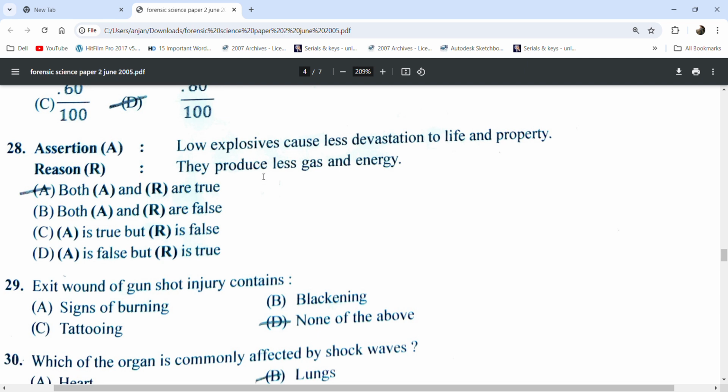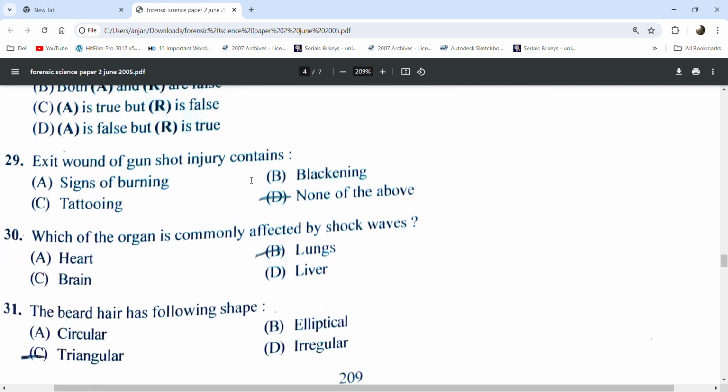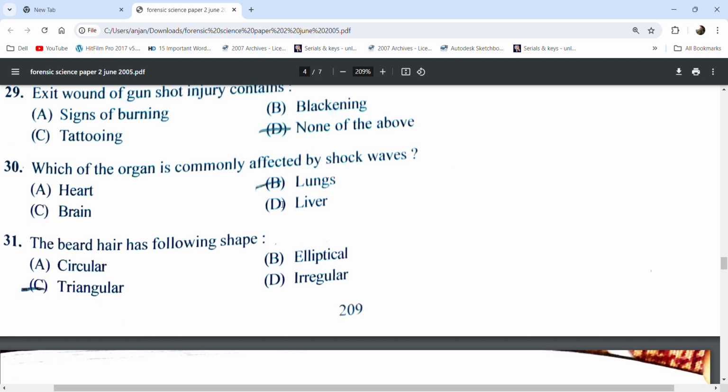Reason R: They produce less gas and energy. Both A and R are true. Exit wound of gunshot injury contains none of the above. Which organ is commonly affected by shock wave? Lungs.